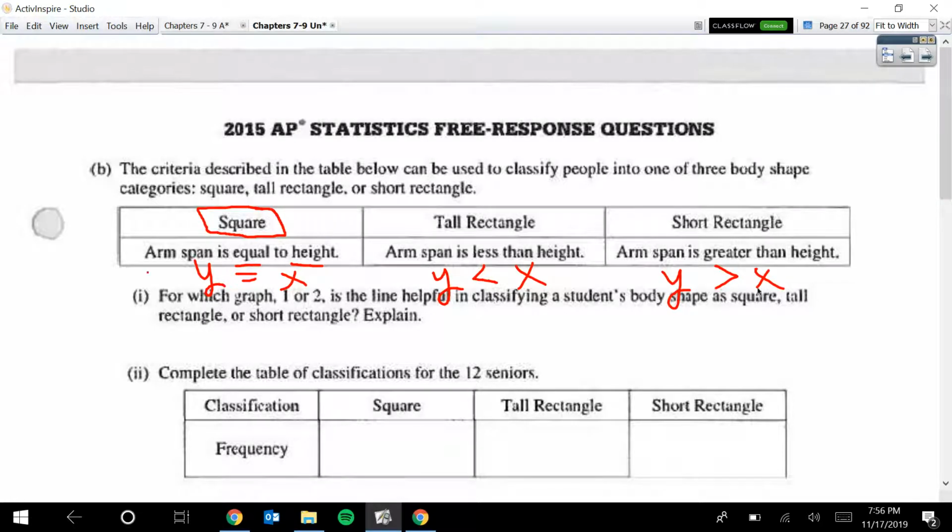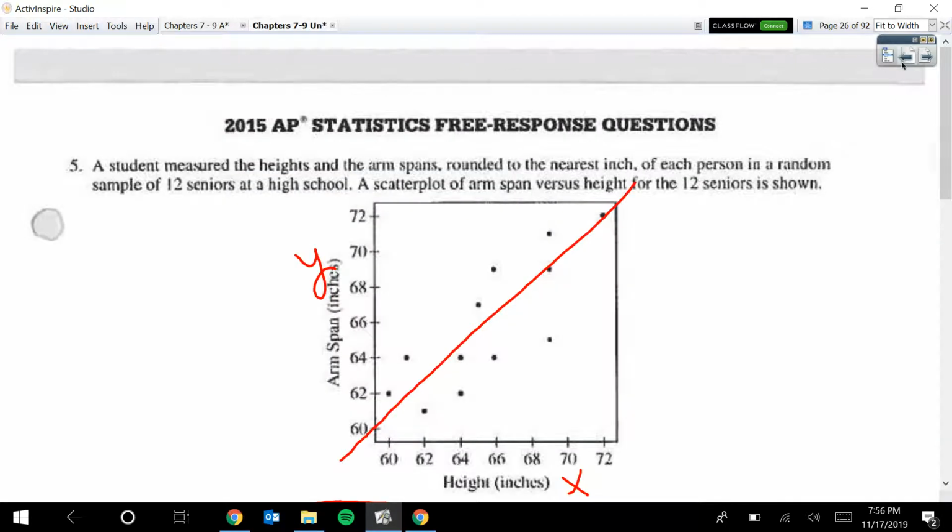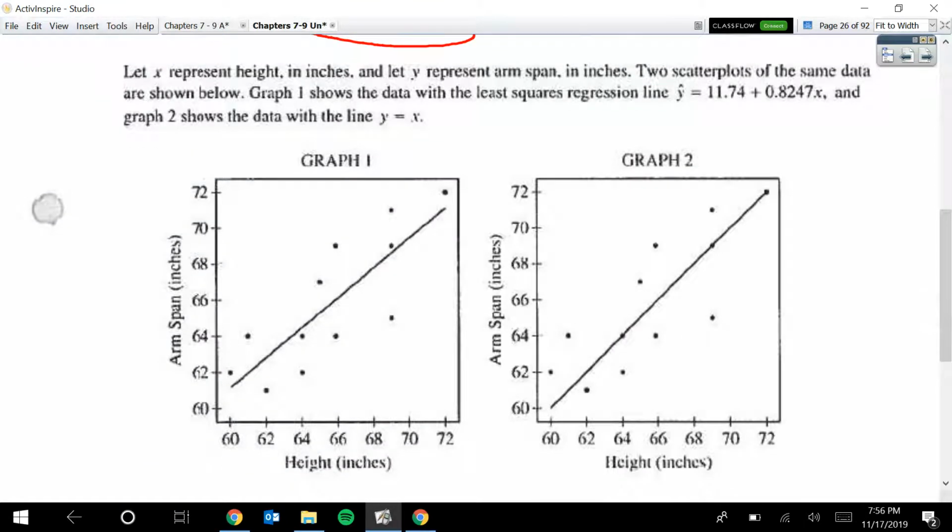So this first question then says, which graph, 1 or 2, is most helpful to be able to tell that shape, and you had to explain why. Because of this relationship right here, when Y equals X, you can tell what's happening. Of these two graphs, this one has the prediction line of 11.74 plus 0.82x, but this one was the line y equals x.